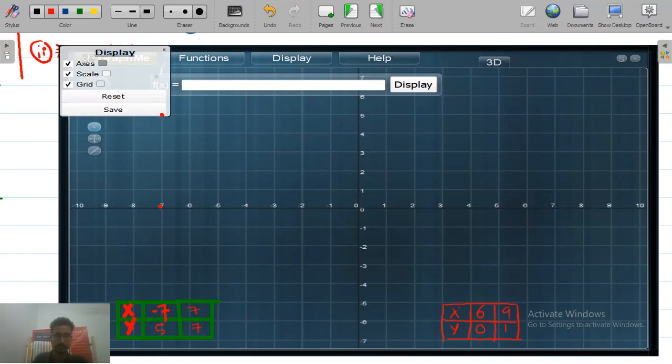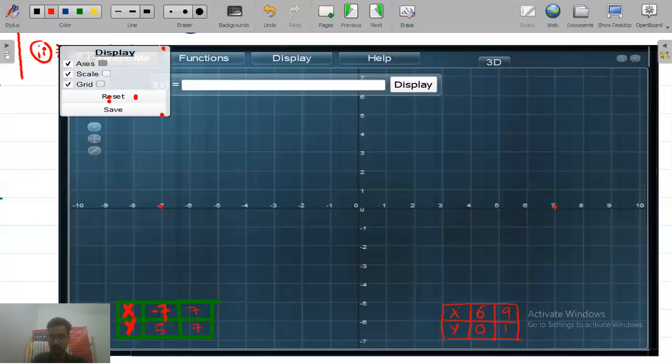Now see, what is the second value? The second value is 7 and 7. That means x is 7 and y is also 7.